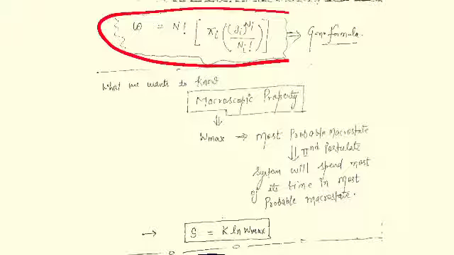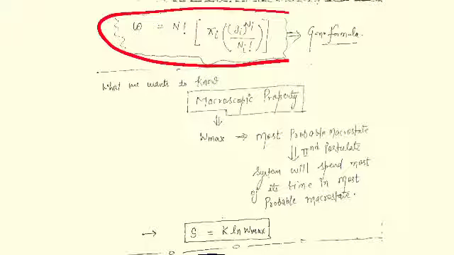That macroscopic property might be anything like entropy, enthalpy. Our goal is to find out the macroscopic property, and for that we have to find out the maximum probable microstates.